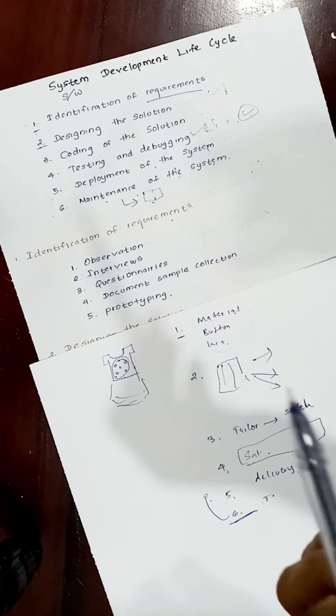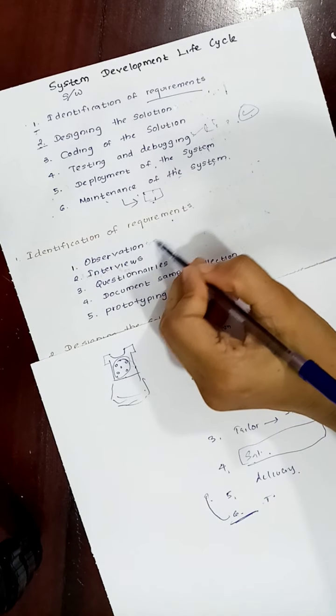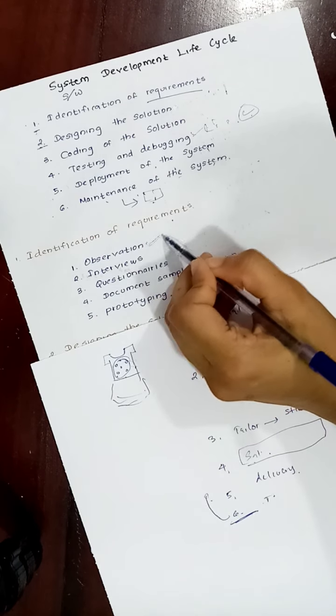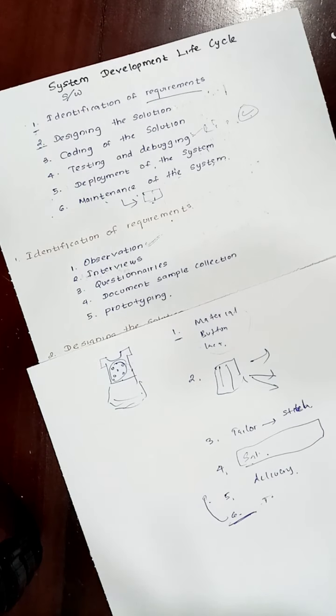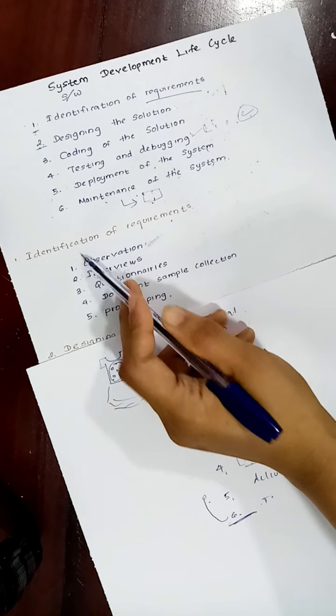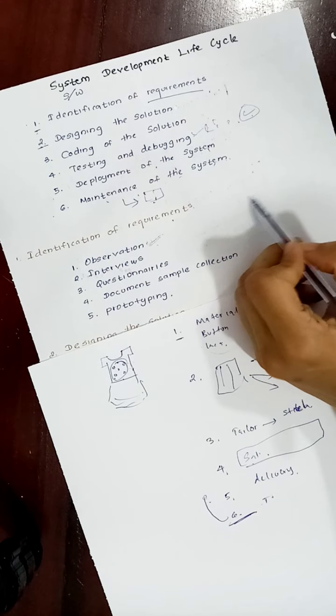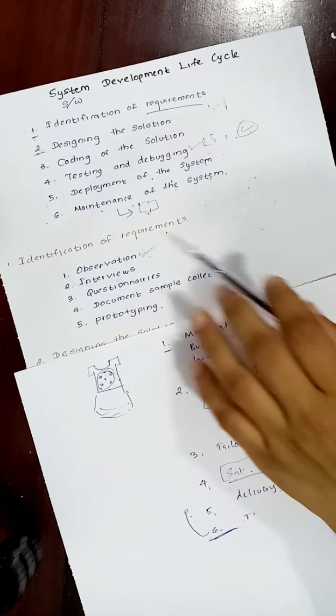If you want to develop software for canteen management, the first option is to observe: you visit the canteen and see what procedures are happening there. From this observation you can identify the requirements needed for canteen management.